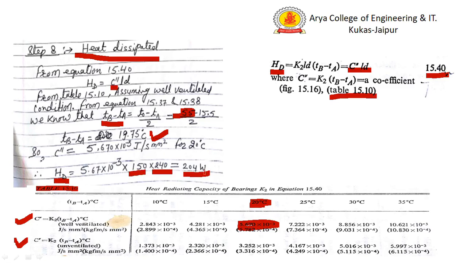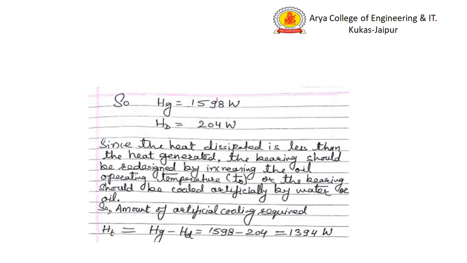So heat dissipation is 204 watt and heat generated is 1598 watt. Since the heat dissipated is less than the heat generated, the bearing should be redesigned by increasing the oil operating temperature TO, or we can cool the bearing artificially by water or oil.